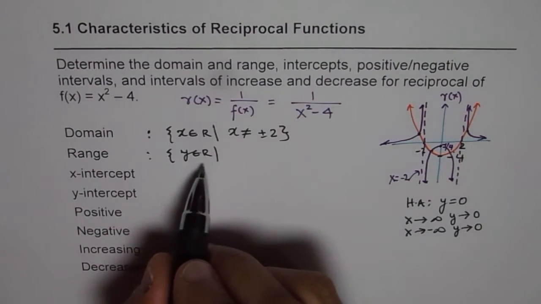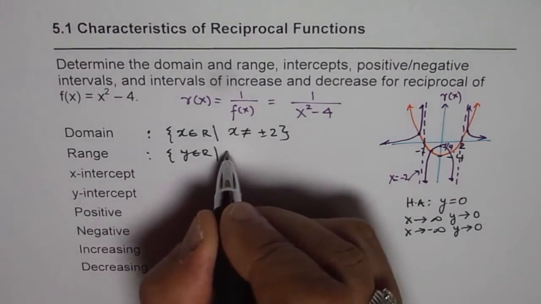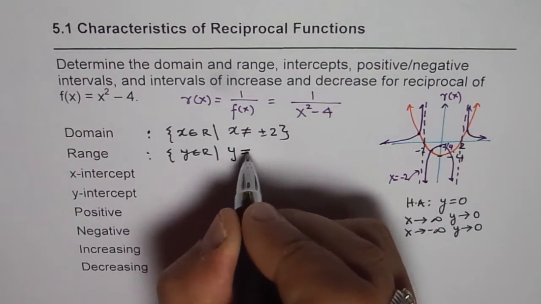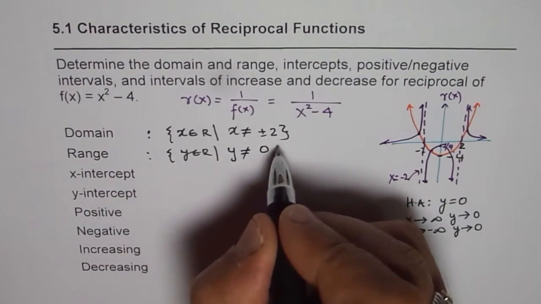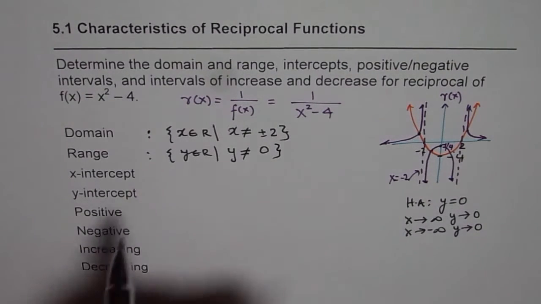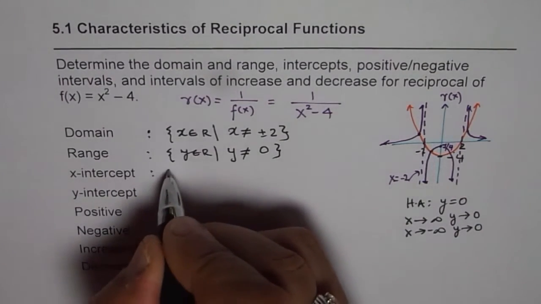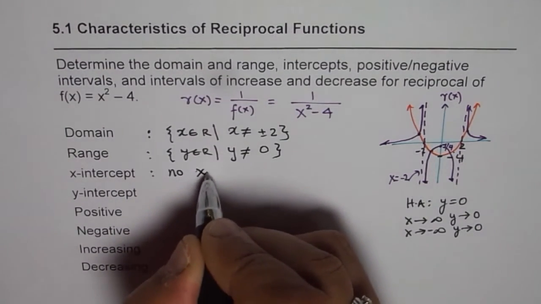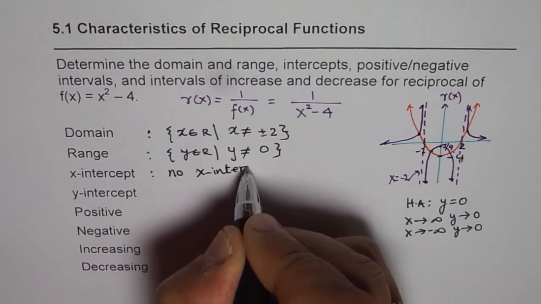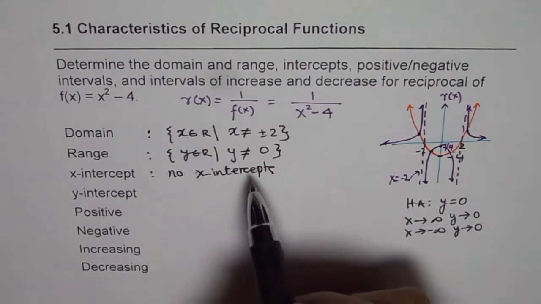So y is never 0. It is approaching 0. So y belongs to all real numbers except 0. So we can write this as y not equal to 0. So that gives us the range. The x-intercepts: since y is never 0, there are no x-intercepts. Now this is true for all the reciprocal functions, right?